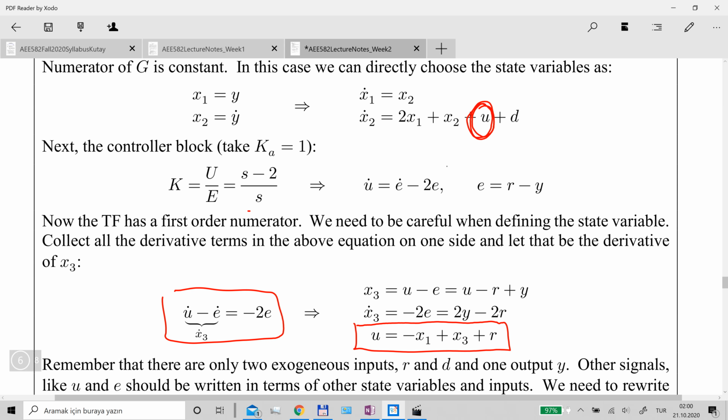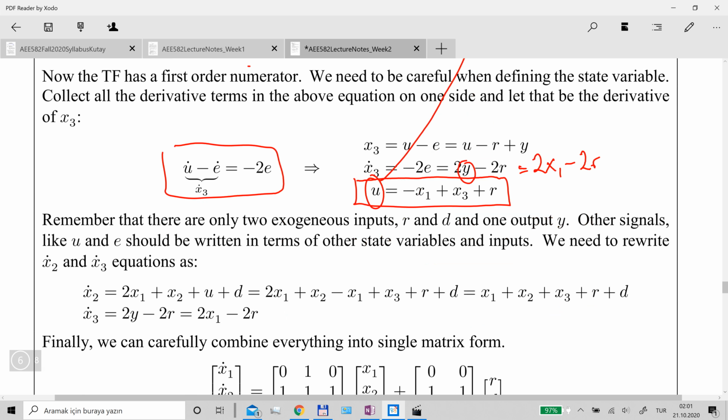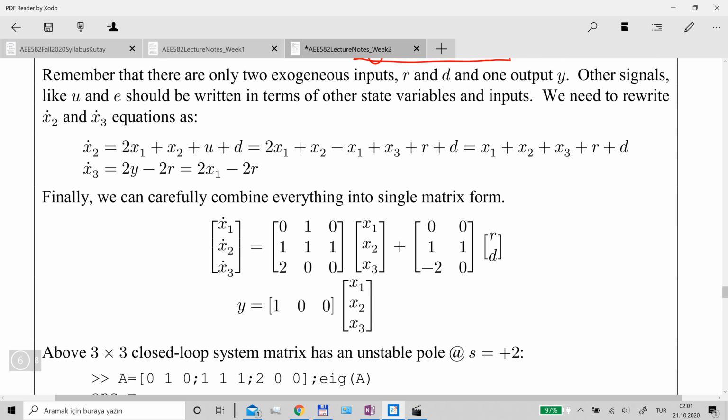So I take this u and insert it into that equation. And in x3 dot, I have y here, and instead of y, I can use x1 again, so this can be written as 2 times x1 minus 2 times r. And the details are here in the lecture notes.